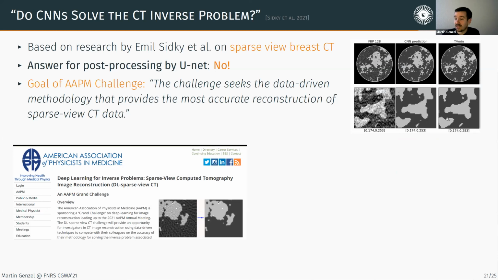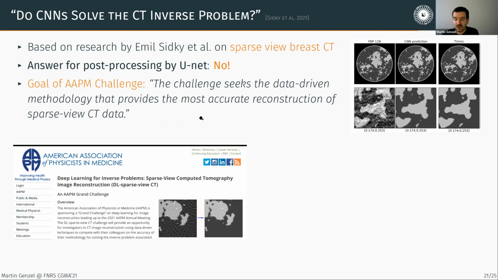What they found is that TV can produce near exact solutions, while simple post-processing CNNs can't do this. Maybe you can also see here via Zoom that there are some visual differences between these two reconstructions. And this motivated them to initiate a challenge, to seek the data-driven methodology that provides the most accurate reconstructions in this sparse-view CT data set.